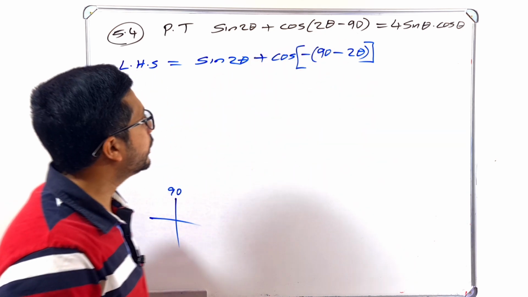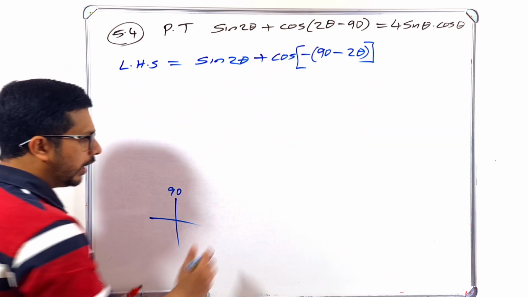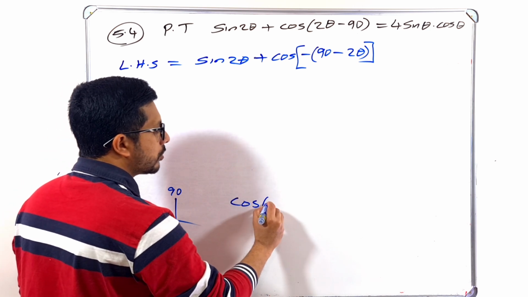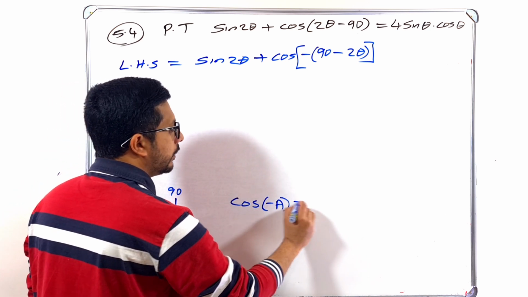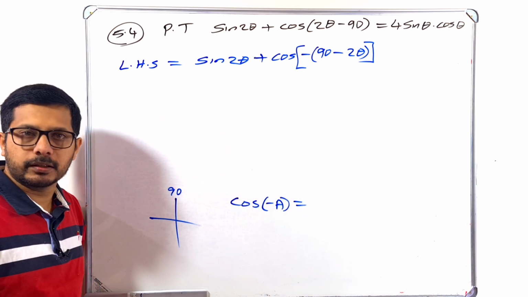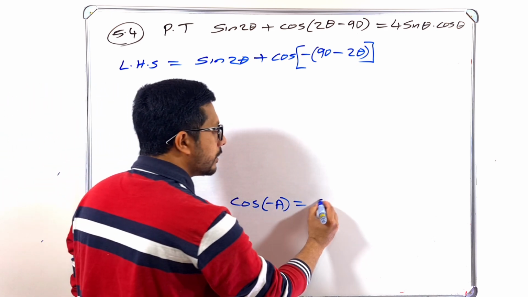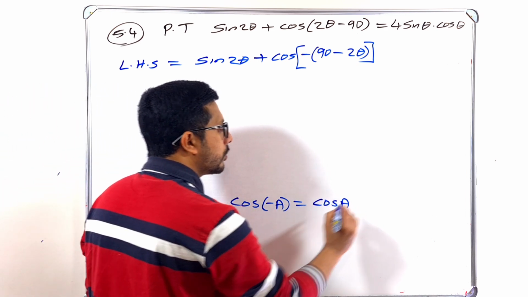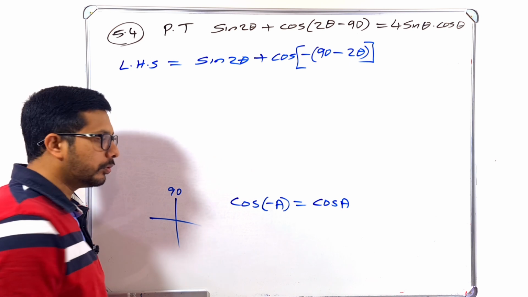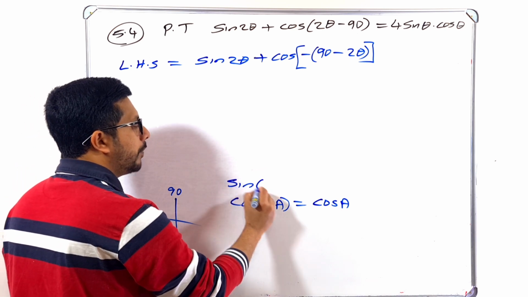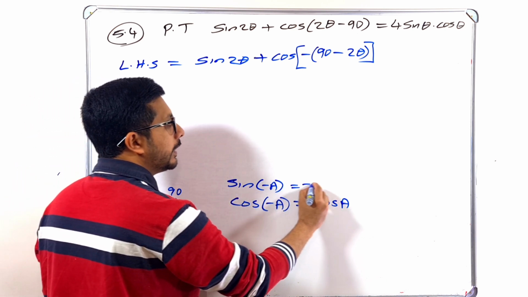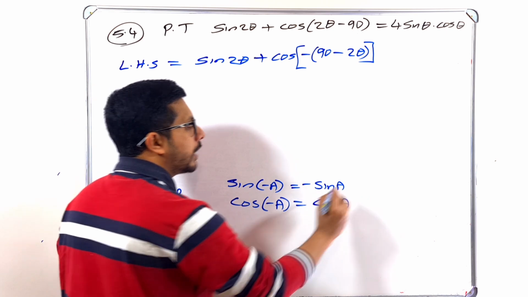Okay, now at the same time, what is cos of minus a? Cos of minus a is the same as positive cos a. So you have to know this one. What is sine of minus a? That is minus sine a.